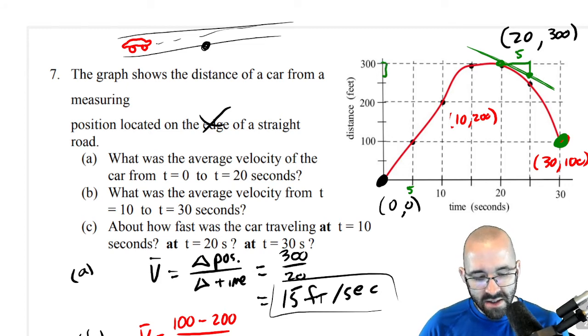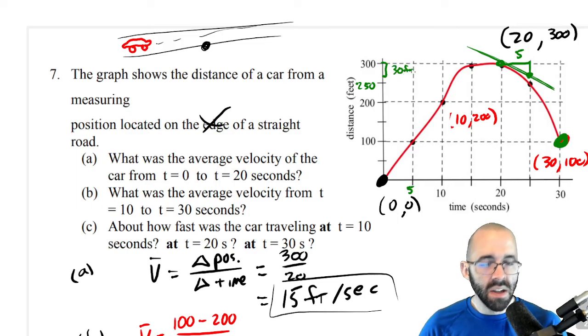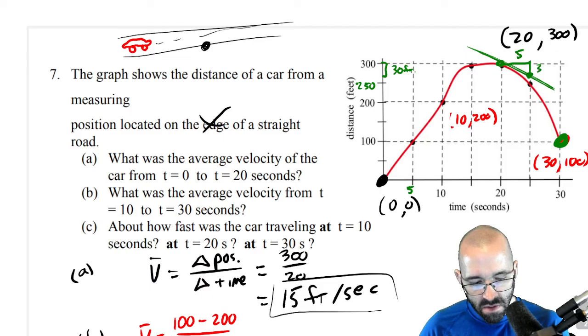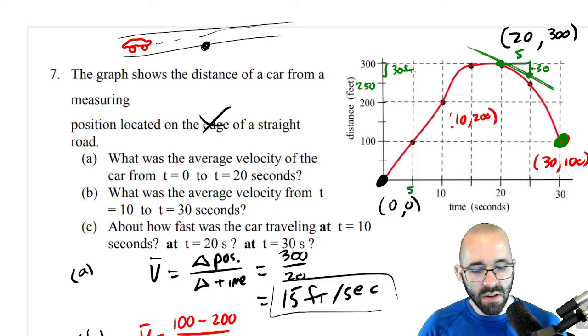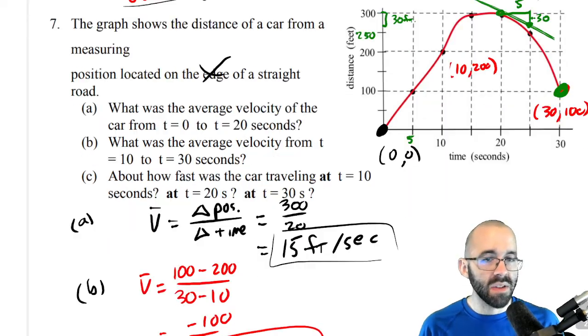Well, it's less than 50, right? Because this is 250 right here. Maybe it's a distance of 30 feet or something. And it's going down, so it'll be negative. Maybe it's about -6 feet per second.